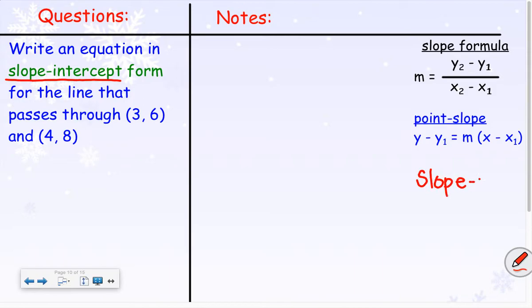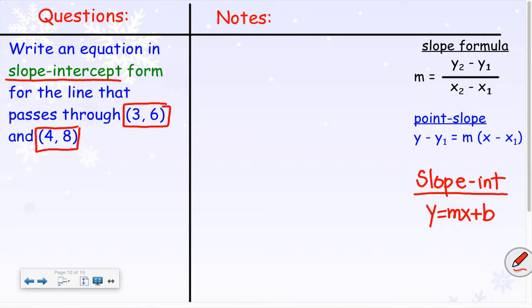Our slope-intercept formula is y equals mx plus b. I want my line eventually to be in slope-intercept form, but I have to look at what I'm given. What I'm given is an ordered pair and another ordered pair. So I'm given 2 points.